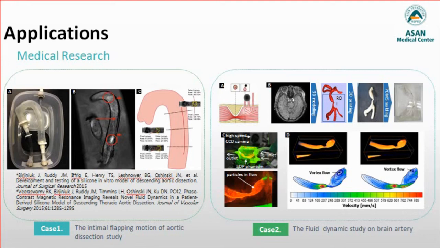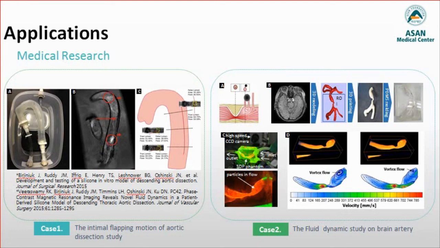A 3DP basilar artery phantom was cast with a polydimethylsiloxane silicon compound, and then the ABS material was dissolved out from the PDMS in acetone.